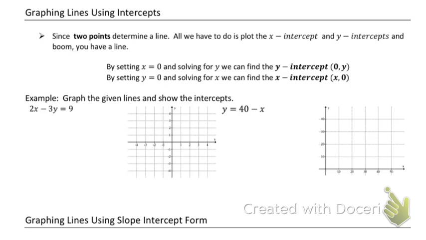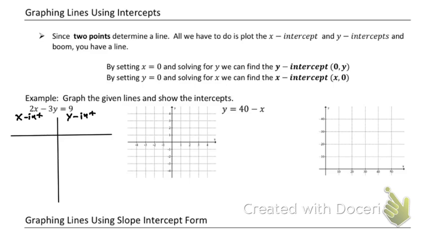By letting y equal 0, we're going to get our x-intercept. So that's exactly what we're going to do. Whenever you're graphing using intercepts, what I do is I create a little table. And I set one of the sides as finding my x-intercept, and my other one's going to be finding my y-intercept. We only need 2 points to graph a line, so that's why we just need x-intercept, y-intercept.